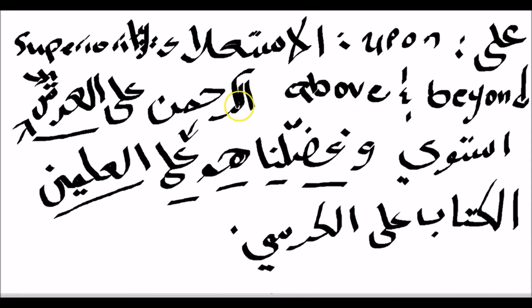Ar-Rahman is preceded by alif al-lam. That means Rahman is an ism. The word al-arsh is preceded by ala and al, and it has a kasra on the end that is caused by the word ala.